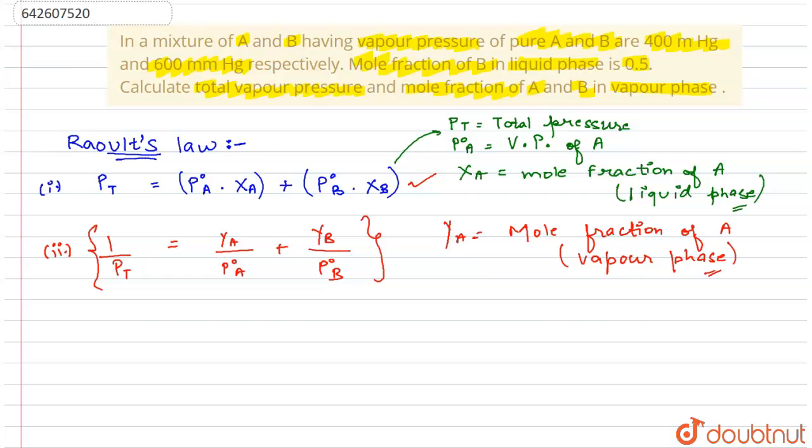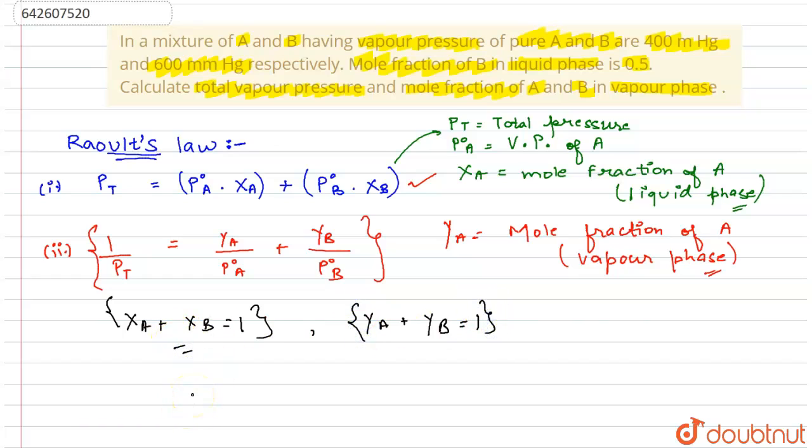Now there is another concept which we need to understand before we can begin solving this question. The concept is that XA plus XB is equal to 1, and YA plus YB is equal to 1. Why is XA plus XB equal to 1?